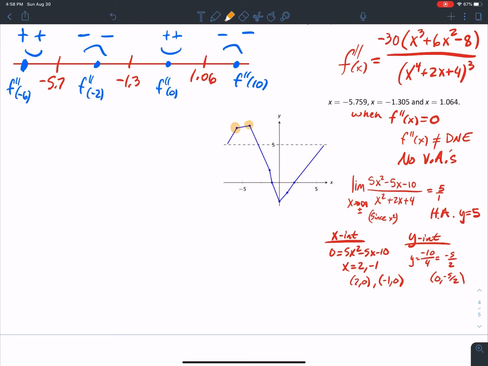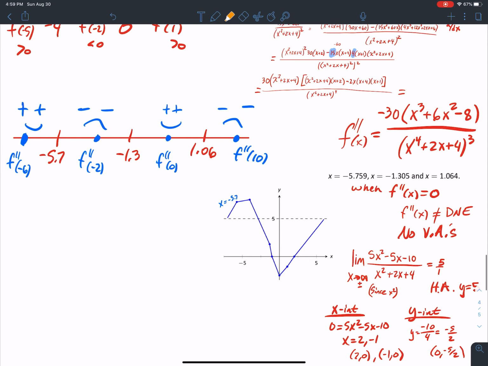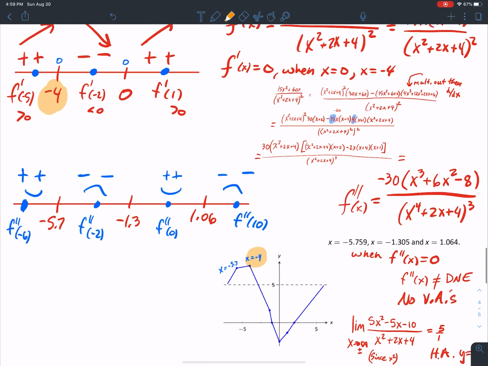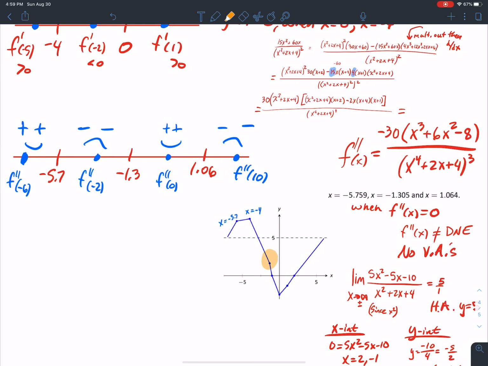When I do this, I've got the -5.7 point there. I've got the -4 maximum here. And then here it looks like it's another change of inflection, the 1.3 point.